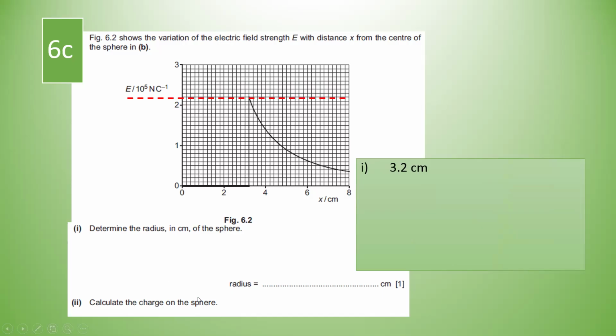How to calculate the charge on the sphere? E equals Q over 4 pi epsilon naught r square. Use a formula. E equals Q over 4 pi epsilon naught r square. R you have already read. E is there.